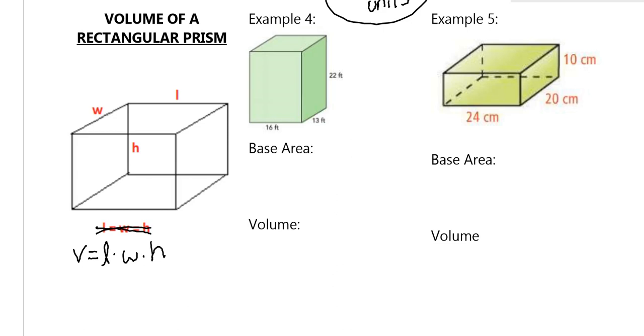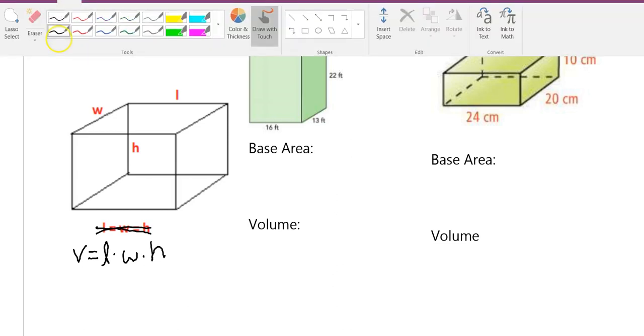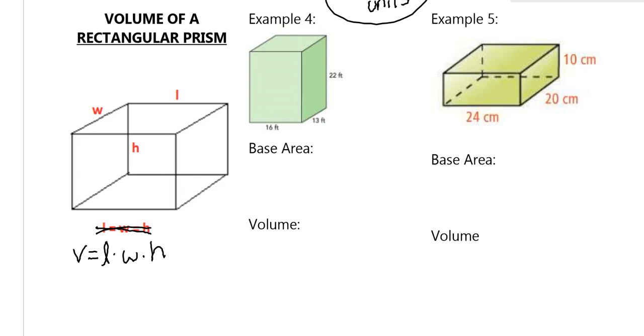Okay. So our base area, the first thing it's asking for is the base area. The area of a rectangular prism is still area equals length times width. So not the volume yet, that's down here. Just your area equals, so my base area, base means the bottom.